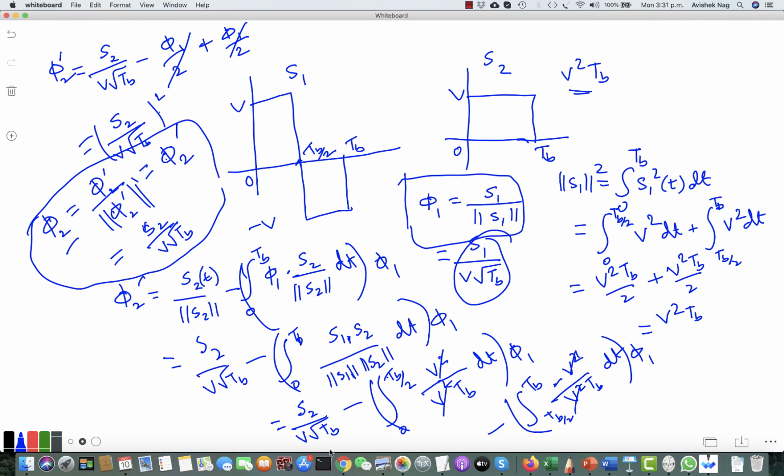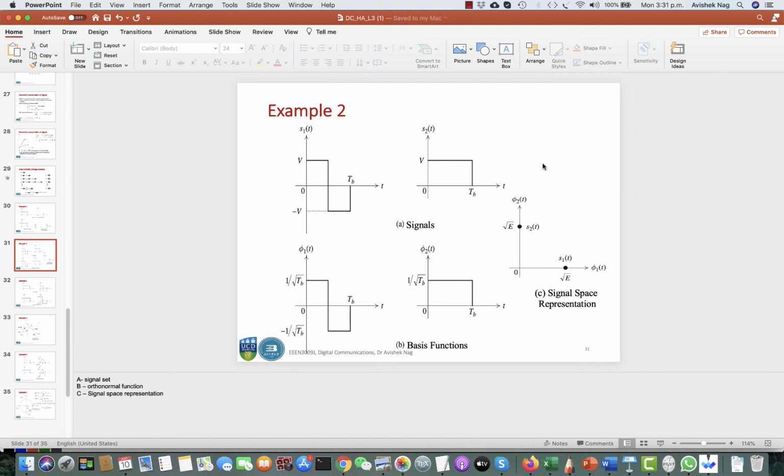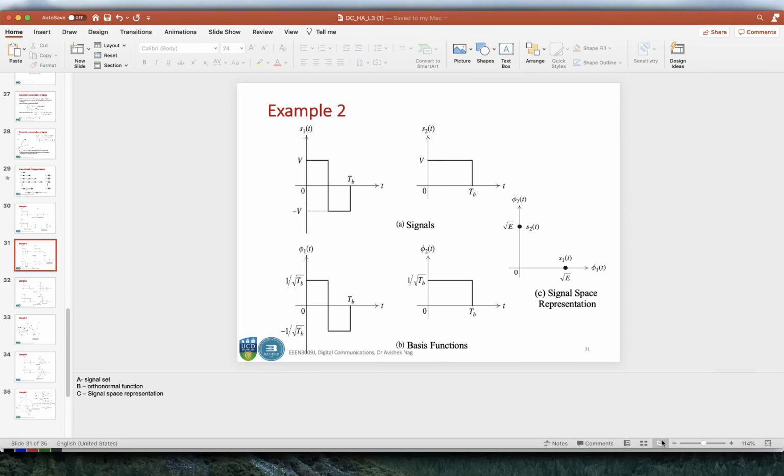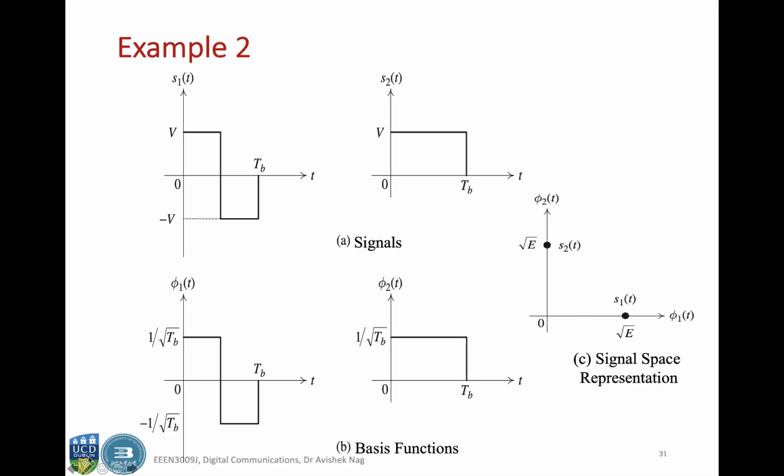So now if you look into this diagram, let's say your v square TB is the energy of the signal.